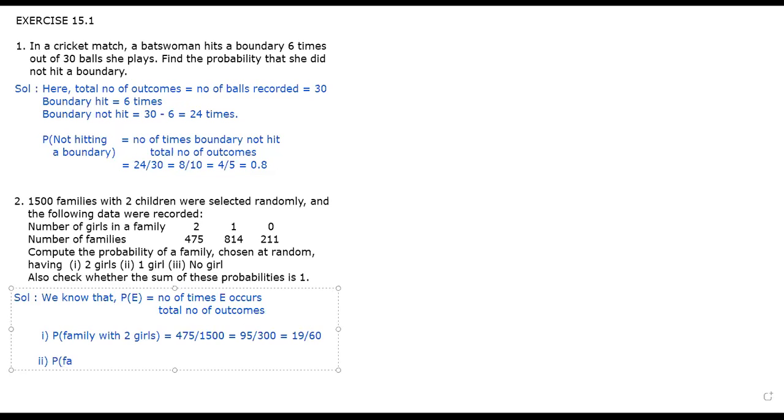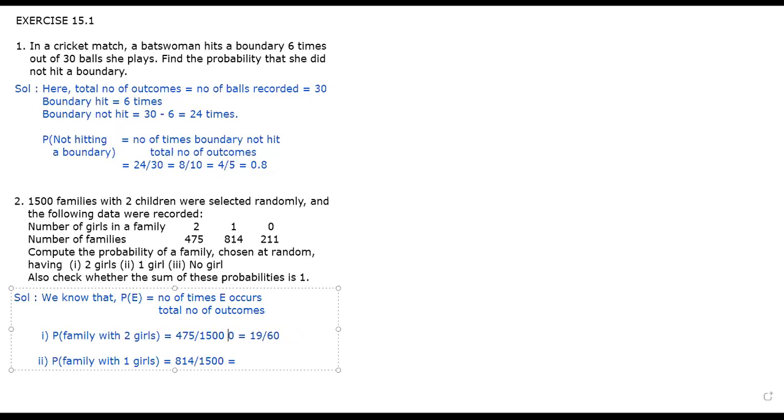P of family with one girl. They are asking 2 girls, 1 girl and no girls. With 1 girl, how many? 814 upon 1500. Okay, I'm not going to reduce it further.